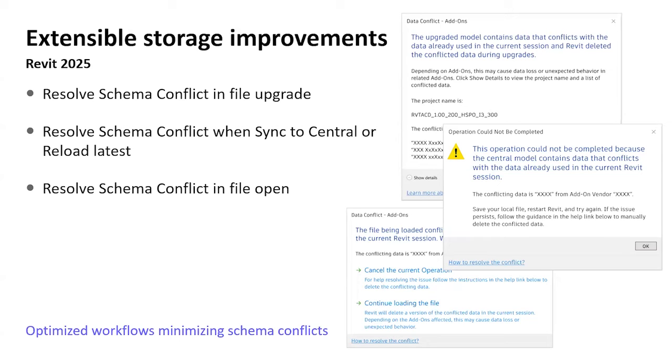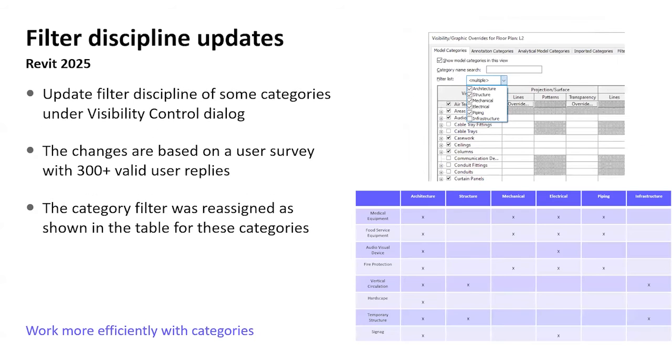So the improved extensible storage should minimize schema conflicts and make it easier to work together with different teams, where I'm not managing the teams and the versions of the plugins that they're using. So this must be a result of the partnership with Unify. We'll see more of that in the future.